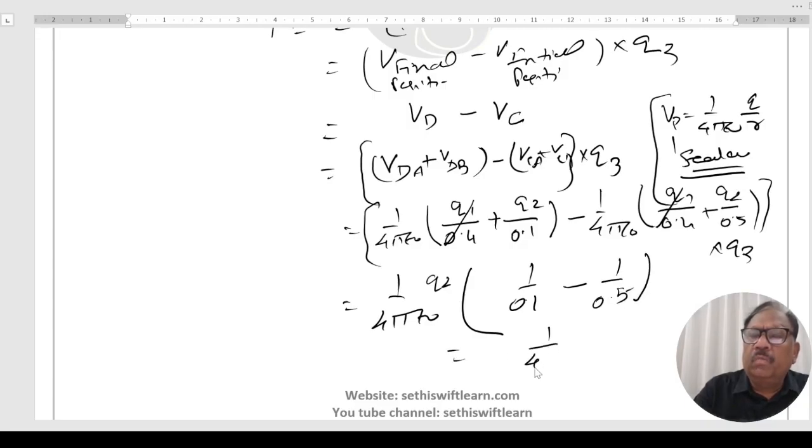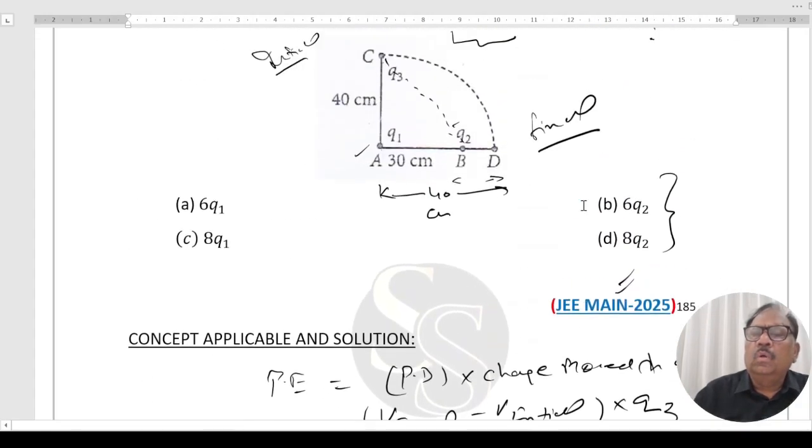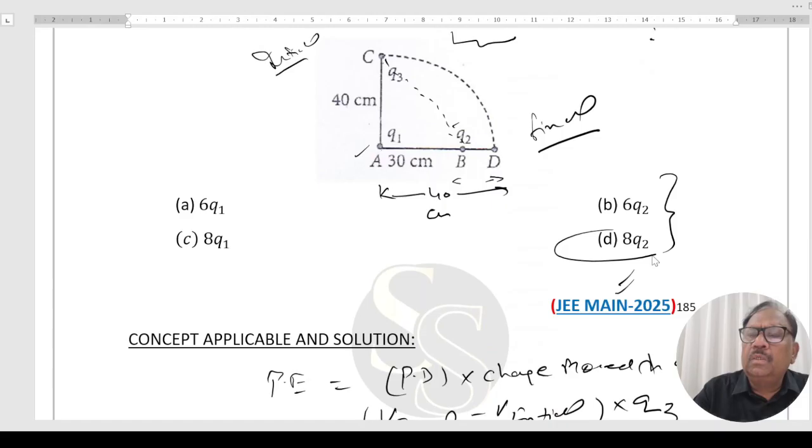On simplification, 1 over 4 pi epsilon naught Q2, 10 minus 2, that is 8 Q2, into Q3, as Q3 is going along. So this is K. Therefore, value of K is 8Q2. The correct option is D, right?